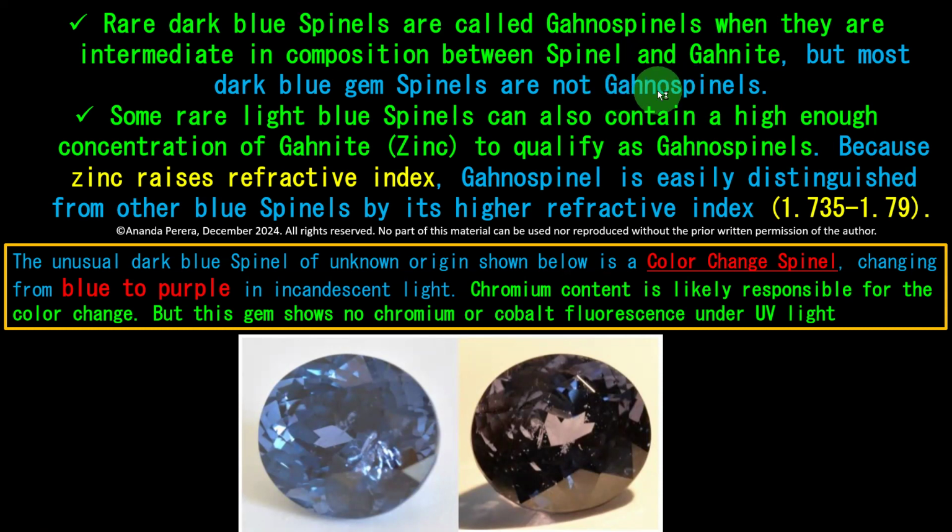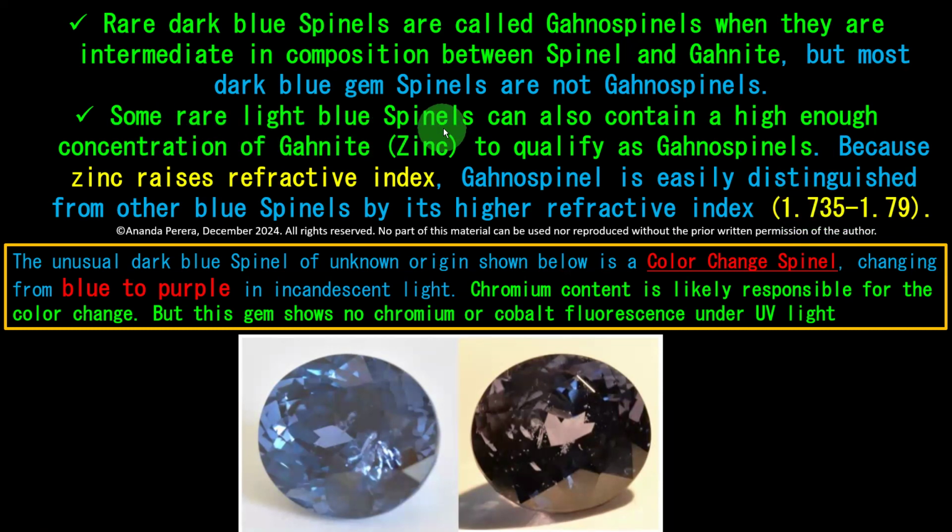If it is Ghano, the RI must be in this range, 1.735 up to 1.79. If it is below this, it is not a Ghano spinel. So remember it. I saw many times gemologists give Ghano spinels below this range.